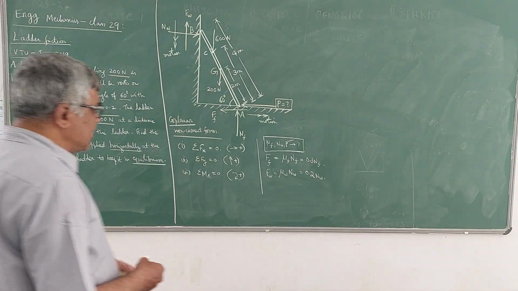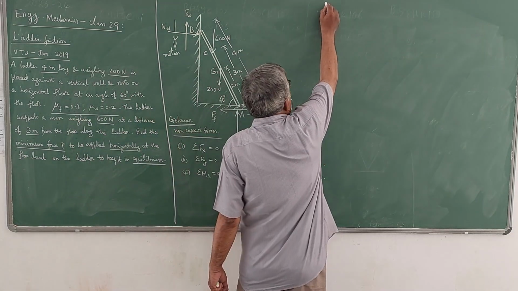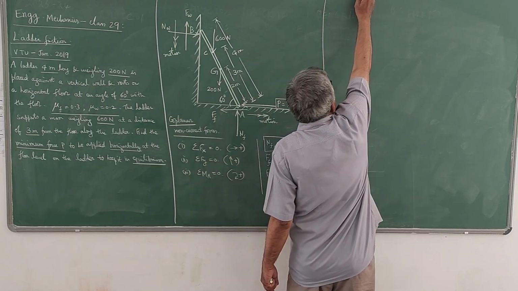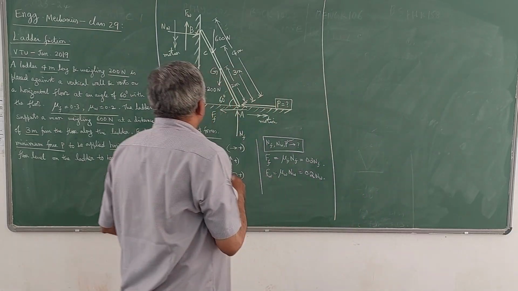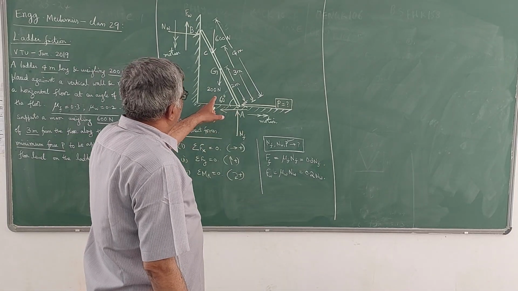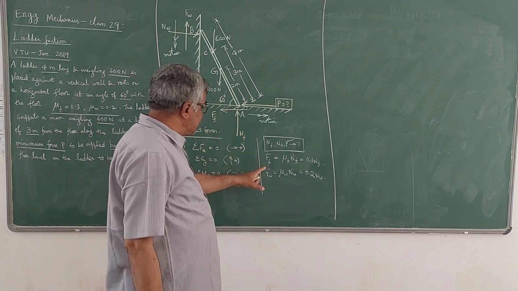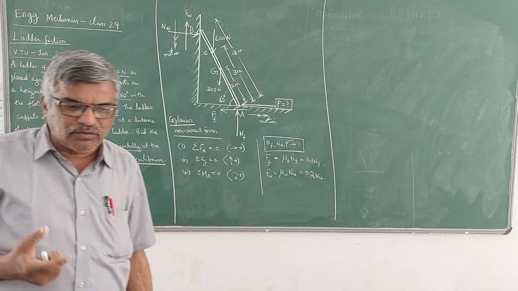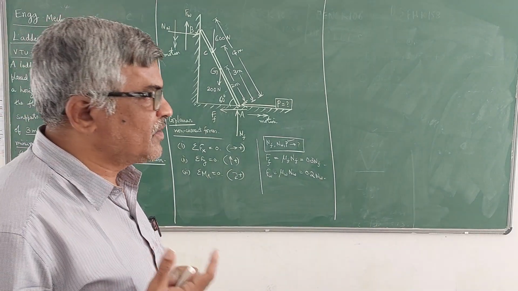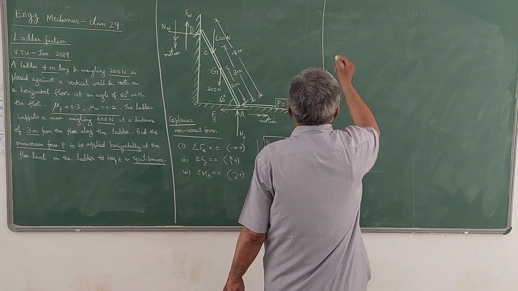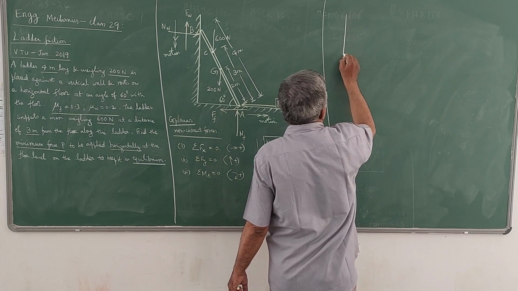Now let us write down the free body diagram of the ladder. Before that, you can see here this is a right angle triangle. To calculate the moment using the third equilibrium equation, you need the distances of the lines of action of the forces from the point A. For that, first let me calculate the distances.